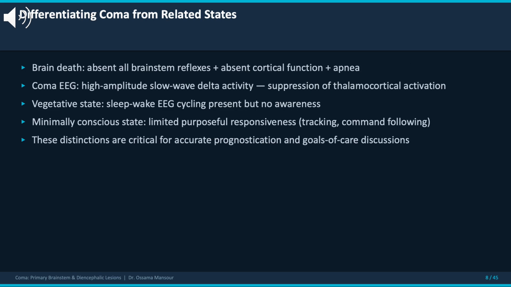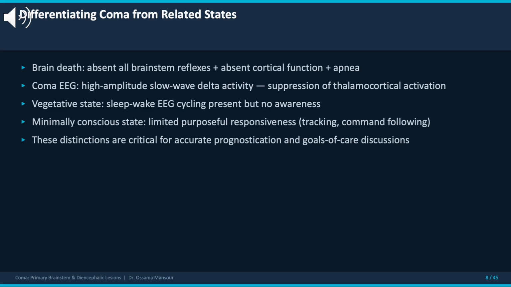Let me walk you through the critical distinctions between coma and related states of altered consciousness. Differentiating coma from brain death relies fundamentally on the vital functions of the brainstem. In brain death, there is complete absence of all brainstem reflexes: no pupillary responses, no corneal reflexes, no gag, no cough, no spontaneous respirations, coupled with absence of cortical function.